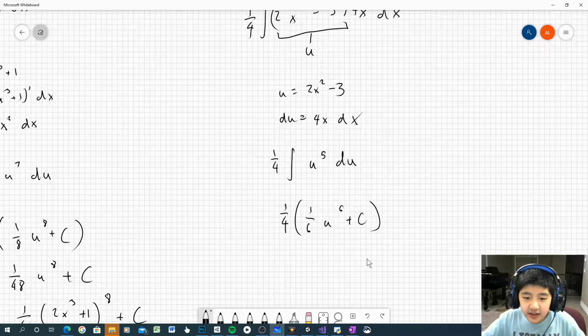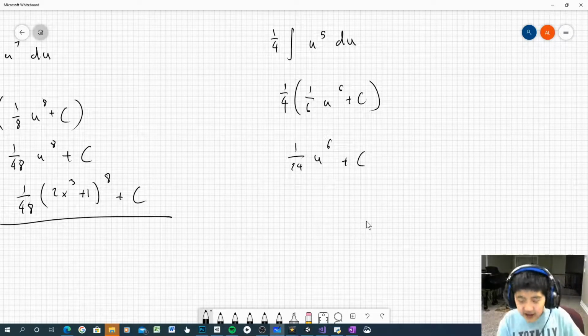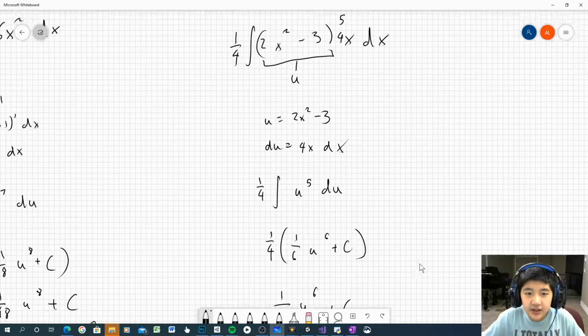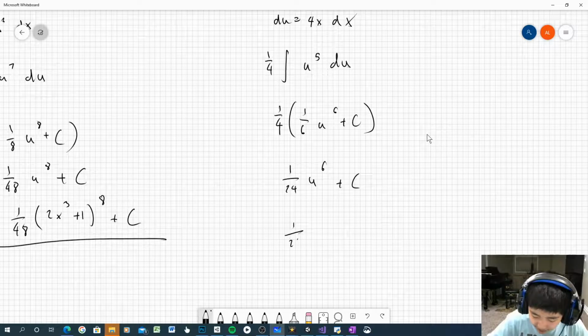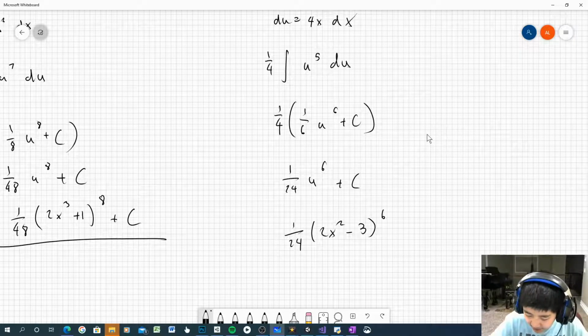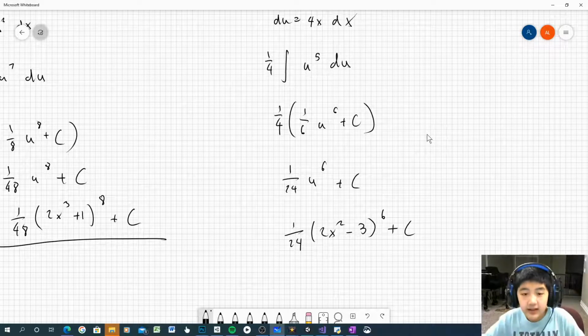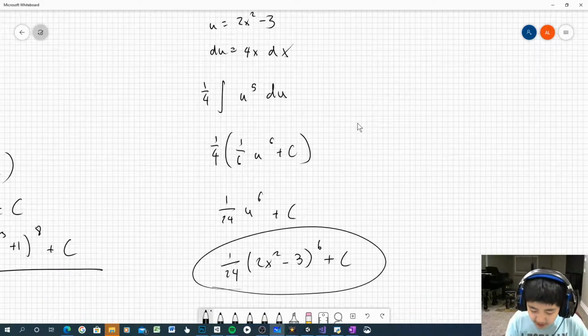Putting the fraction back in, we get 1 over 24 u to the power of 6 plus c. Then we substitute u back for its original expression, 2x squared minus 3: 1 over 24 times (2x squared minus 3) to the power of 6 plus c. And that gives us our ultimate answer.